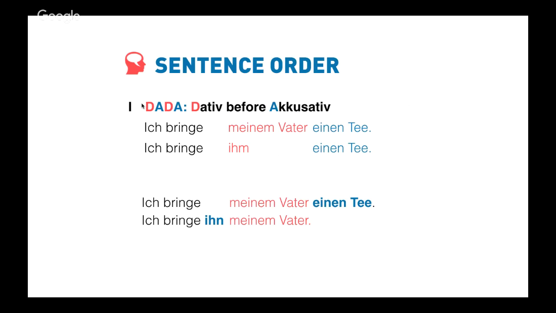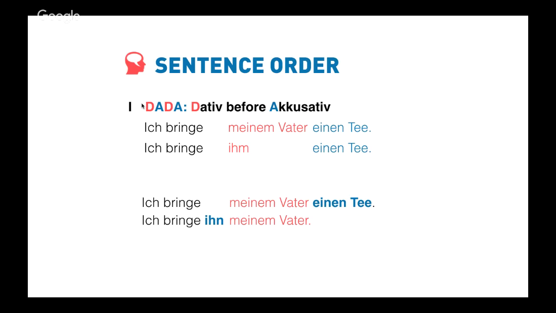Now we start again with ich bringe meinem Vater einen Tee. Here everything is as above, but the moment you replace Tee with ihn, you have to put the ihn before the dative. If you're wondering why I say ihn, which means him, that is because Tee is masculine in German. Things in German have genders, unlike in English, where it's not that obvious. Therefore we have to use the appropriate personal pronoun.